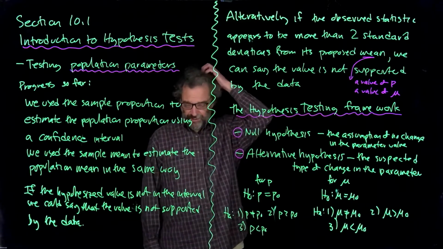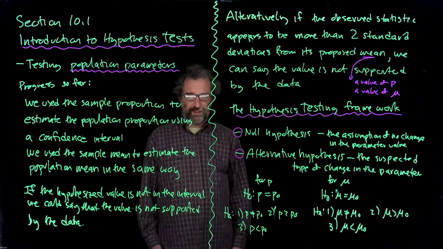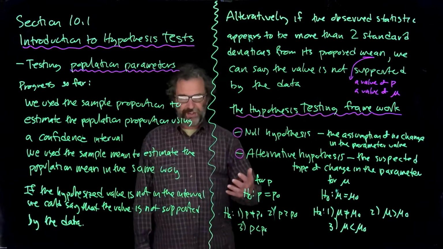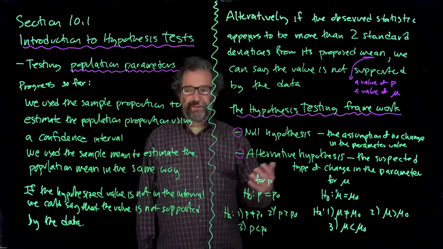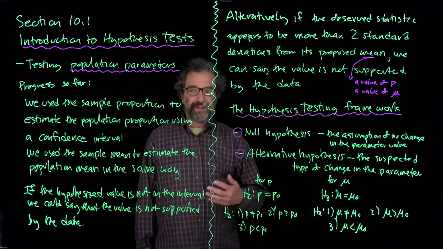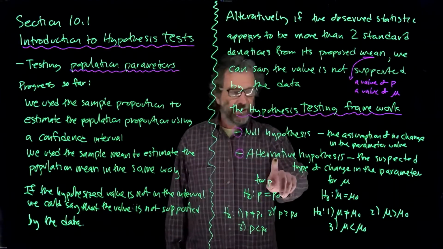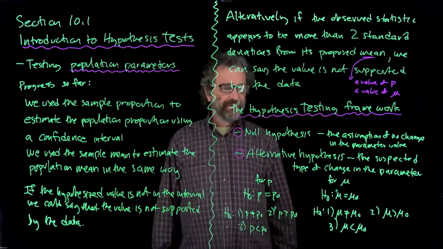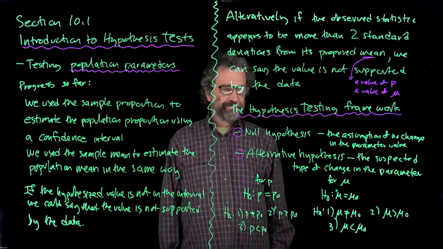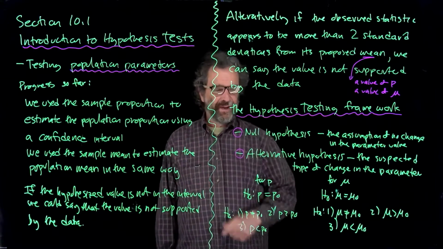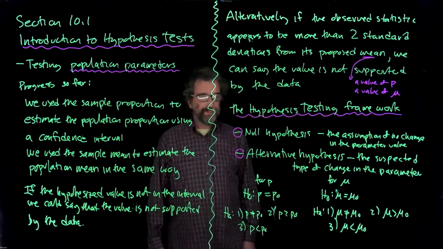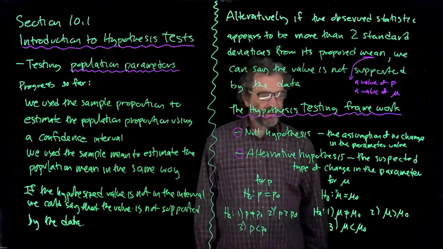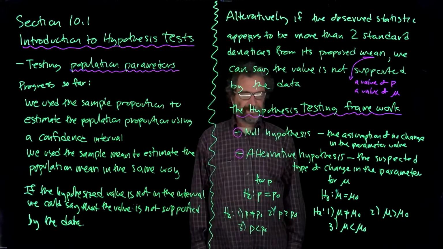So you might want to know, say you're looking at, pick something like global warming, you might want to know whether it's changing rainfall. And you don't know whether it's an increase or a decrease, just wondering, has there been a substantial change? In which case the alternative would just say that the, say, proportion of rainy days is not the same as it used to be. Could be higher, could be lower. And we know the typical proportion, that'd be the null hypothesis. Or you might wonder whether the introduction of unsweetened soft drinks has caused the average weight of Americans to change.